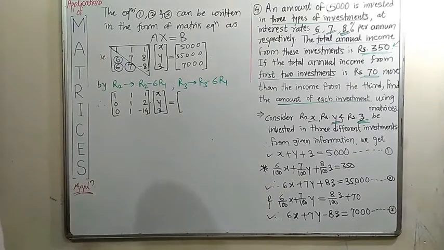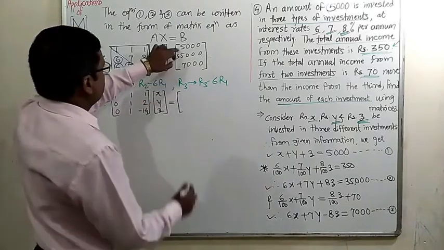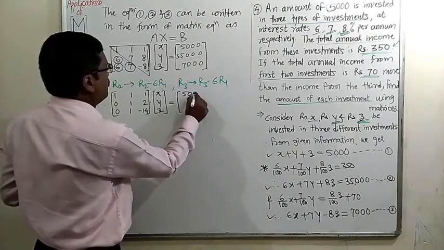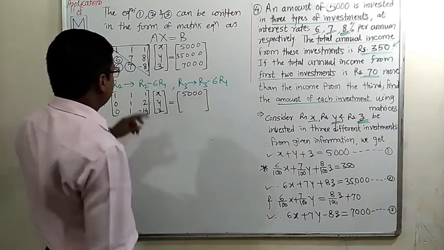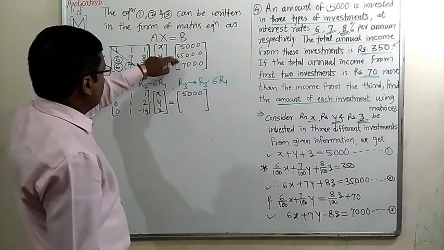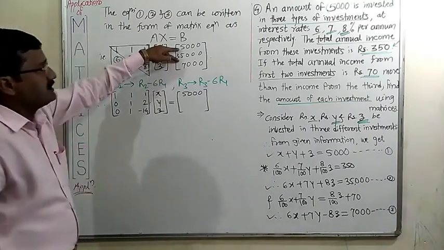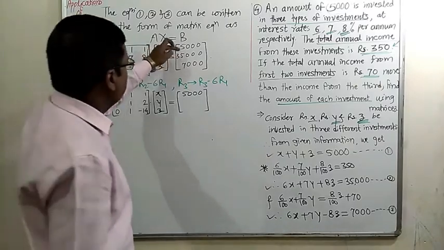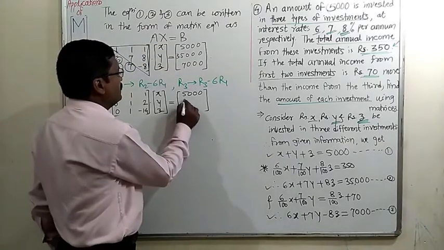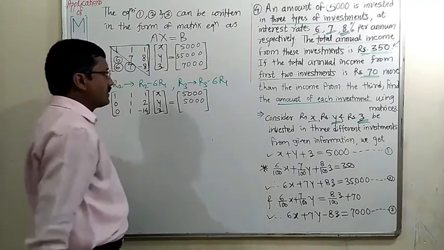Now R1 is unchanged, it remains the same, 5,000. Now R2 is R2 minus 6 times R1. 6 times R1 is 30,000, so 35 minus 30 will be again 5,000.